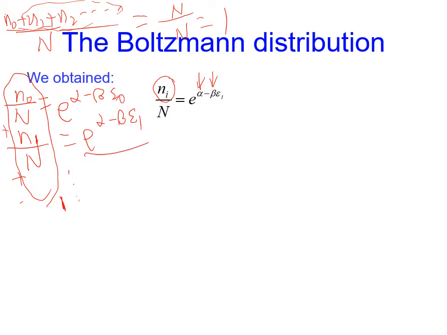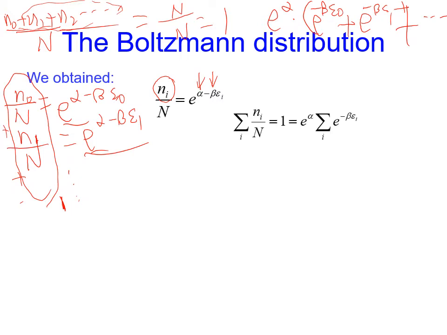And on the right side, they all have e to the alpha. So if you add the right side, it should be e to the alpha times e to the negative beta epsilon 0 plus e to the negative beta epsilon 1, and so on for all energy levels. Therefore, we can write 1 equals e to the alpha times the summation of e to the negative beta epsilon i.